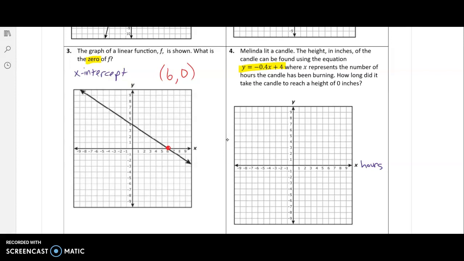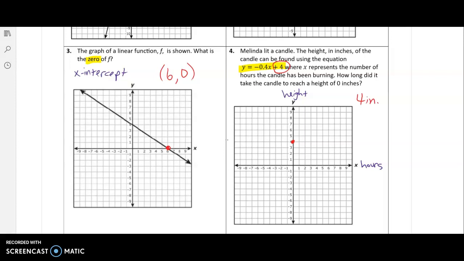It doesn't tell us that, but the height in inches is the y. So this is the height on the axis. Most of you probably already know that this is the b, the y-intercept, and we can plot it right here. That is the initial height. So 4 inches is how tall the candle was at the beginning.